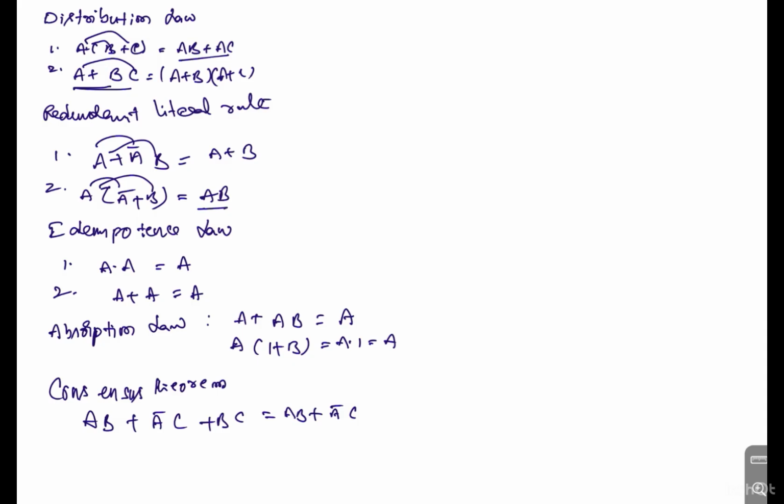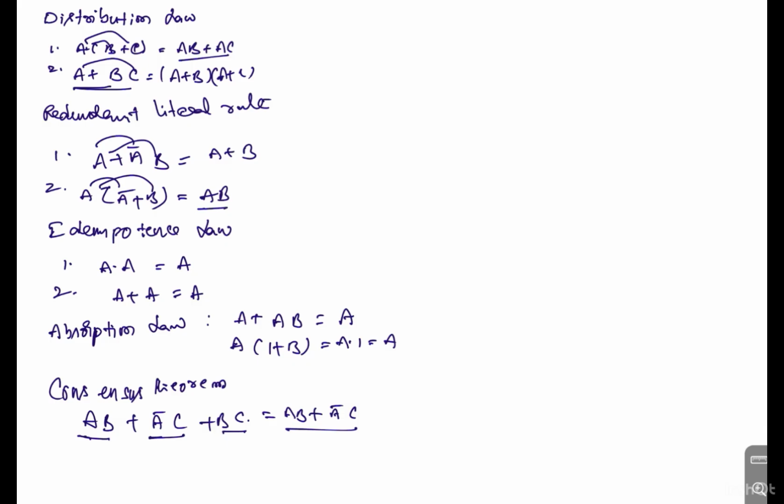Here you have to see that A B, A bar C, and then B C. One literal A is missed here. So this is similar to AB plus BC plus CA. Here the A and A bar terms are there, so we can keep them as they are, and whatever remaining term is there can be neglected. So that gives the final theorem result.